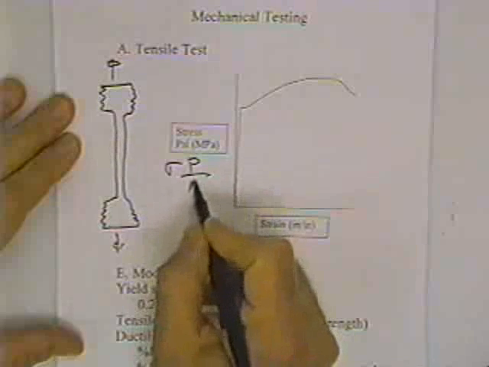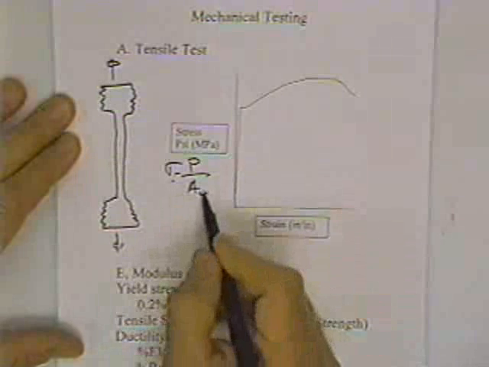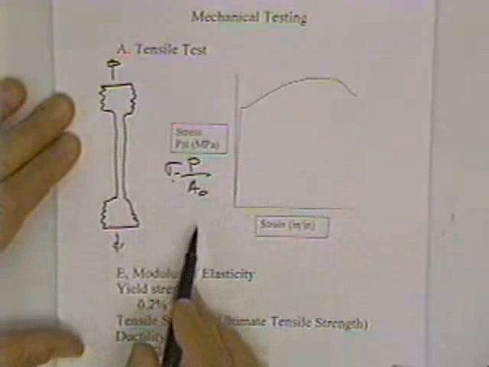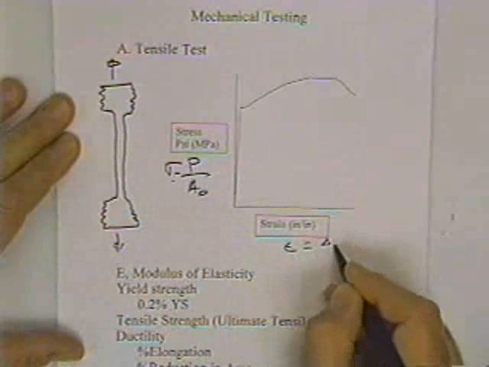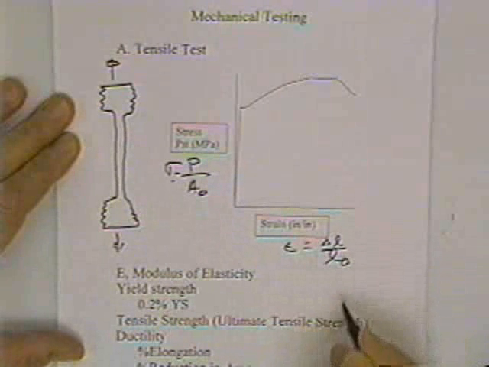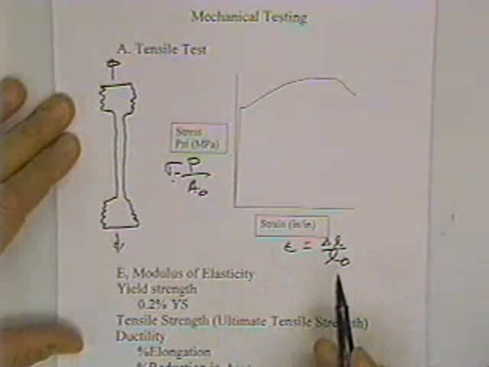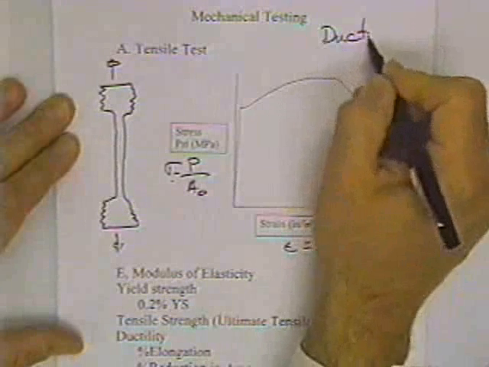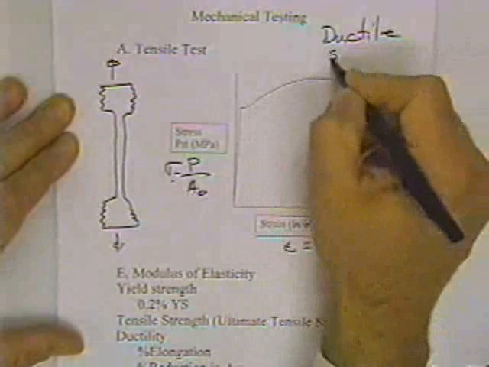This is the engineering stress-strain diagram, where we're going to divide by the original area, compared to the true stress, where you divide by the instantaneous area. The strain is equal to the change in length over the gauge length. And if you plot stress versus strain, this is an example of a ductile material. This has a upper and lower yield point.